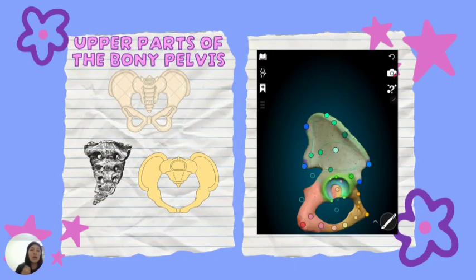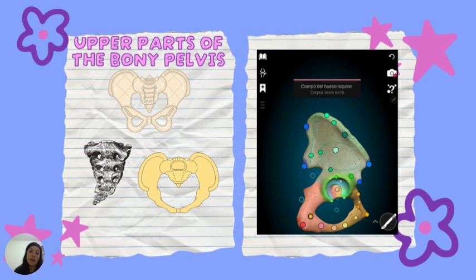In this part, we can see the upper parts of the bony pelvis that are the two hip bones, the right and the left, that look like a butterfly in the upper part. Then we have the sacrum that is like a triangle, and the coccyx that is in the last part, like a little triangle, that are so important for our stability.